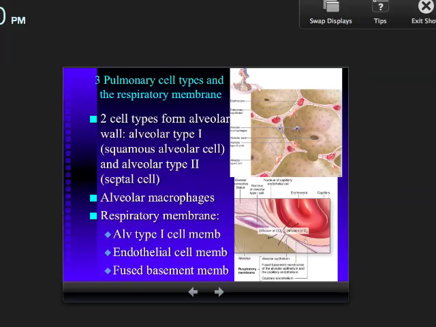And pulmonary surfactant is a mixture of lipid and protein. It's a phospholipoprotein, and it mixes with this water layer.